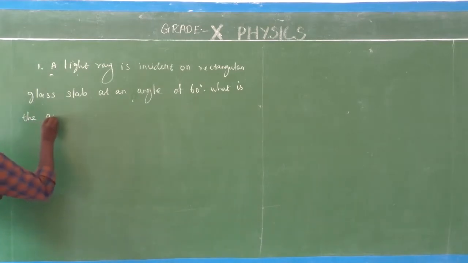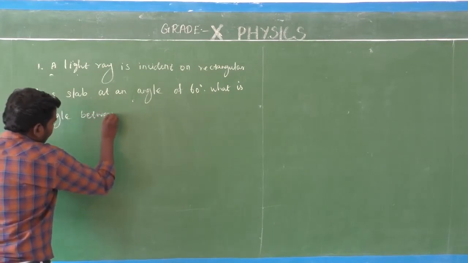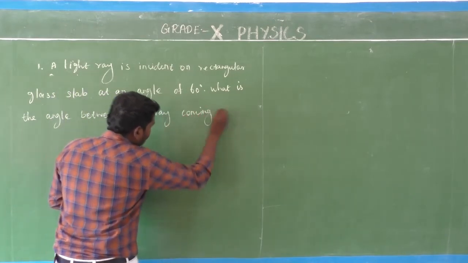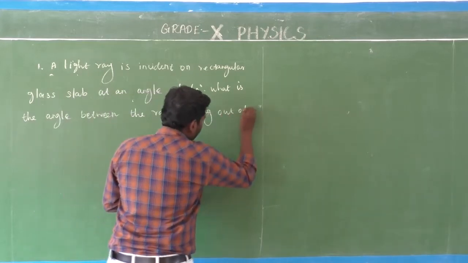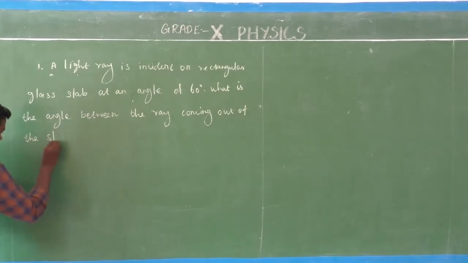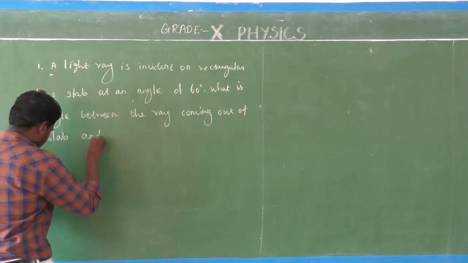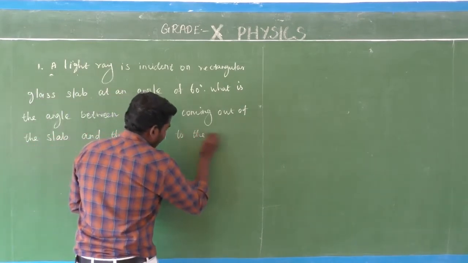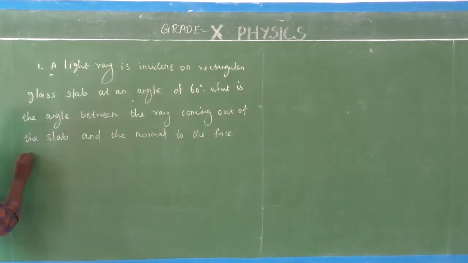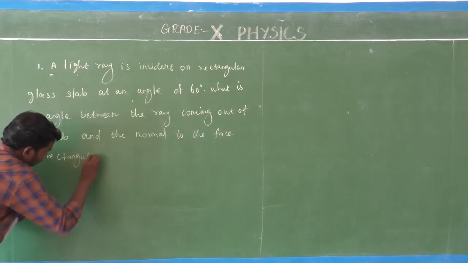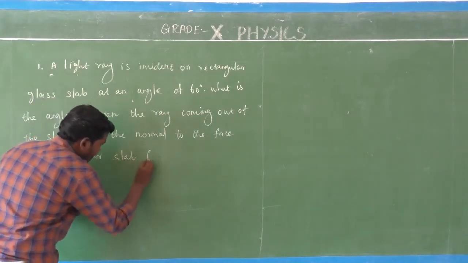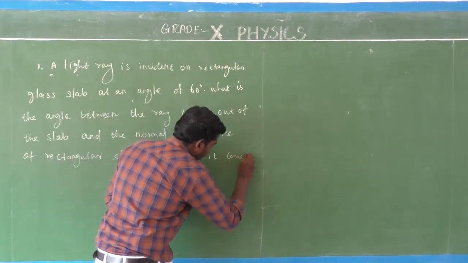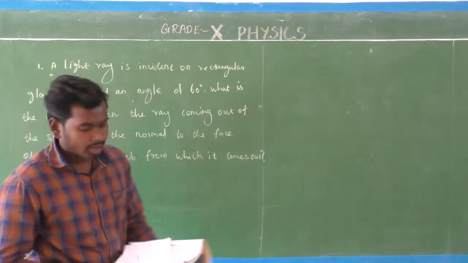What is the angle between the ray coming out of the slab and the normal to the face of the rectangular slab from which it comes out? So this is the first numerical.